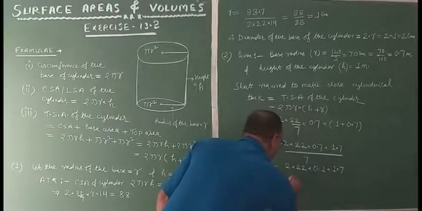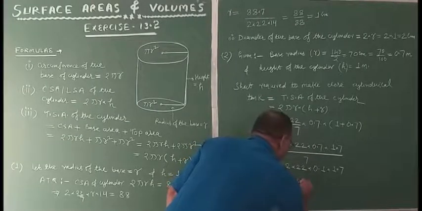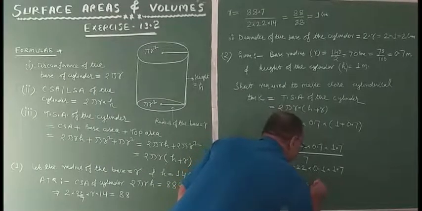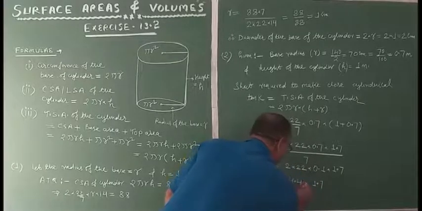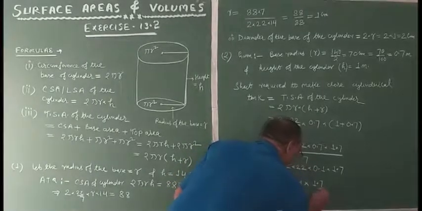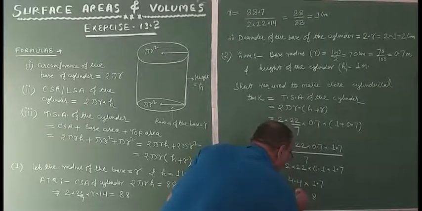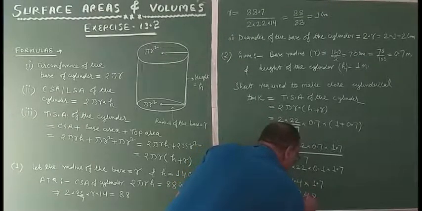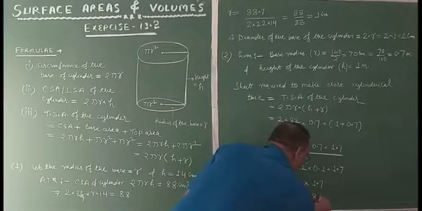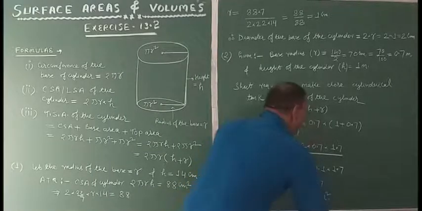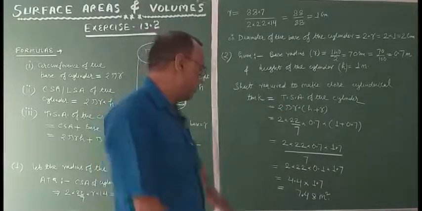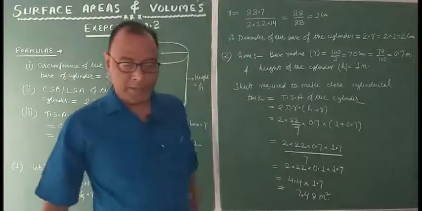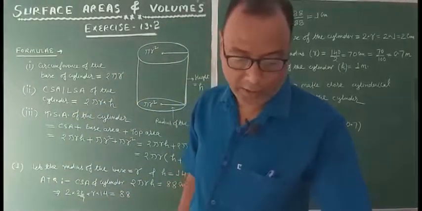This will be 44 into 0.1, 4.4 into how much? 1.7. Now multiply them. 17 fours are 68, and 7 fours are 28, so 68 and 6, 74. So 7.48 meter square. So how much sheet would be required to make the closed cylindrical tank? That is 7.48 meter square. Is it okay?